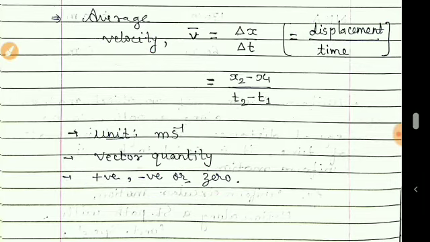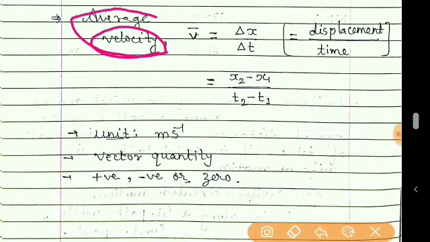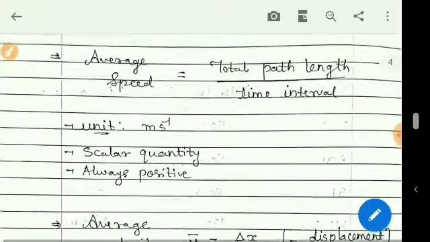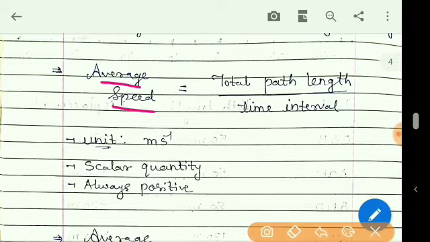Now once again, why are we not simply considering this as velocity and have to use the word average velocity? The reason is the same as in the case of average speed, because when any vehicle moves on a path, at different time intervals the velocity or the speed is different.